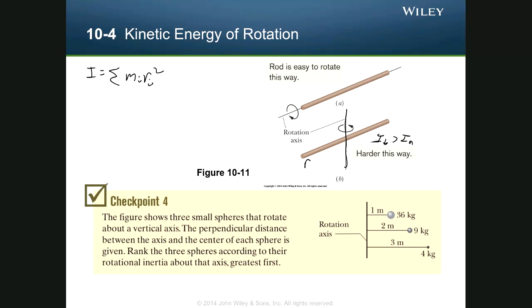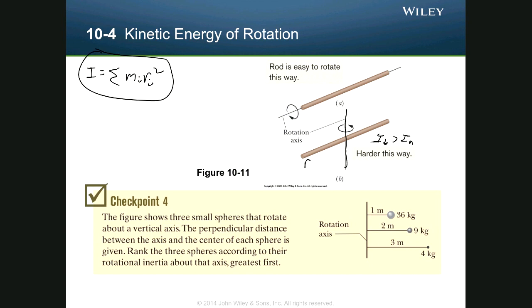Okay? So we have a figure here that shows 3 small particles that rotate about a vertical axis. The perpendicular distance between the axes and the center of each sphere is given. So you want to look at that axis that goes to the center of the sphere, not the edge. And we want to rank the spheres according to their rotational inertia, which we conveniently have the formula for here.